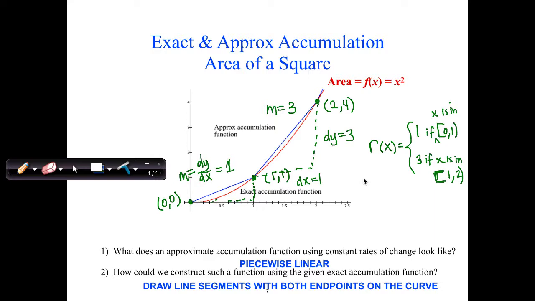If I want to know what's the area according to this rate function, if I have x equals 1.5, I'm not going to get 2.25, I'm going to get something else. So just as a setup, I don't want to go through using these rates to generate accumulation like we did on the last test, but if we can imagine making an approximate accumulation function by picking some points on the curve and drawing line segments between them. Pick an interval width.